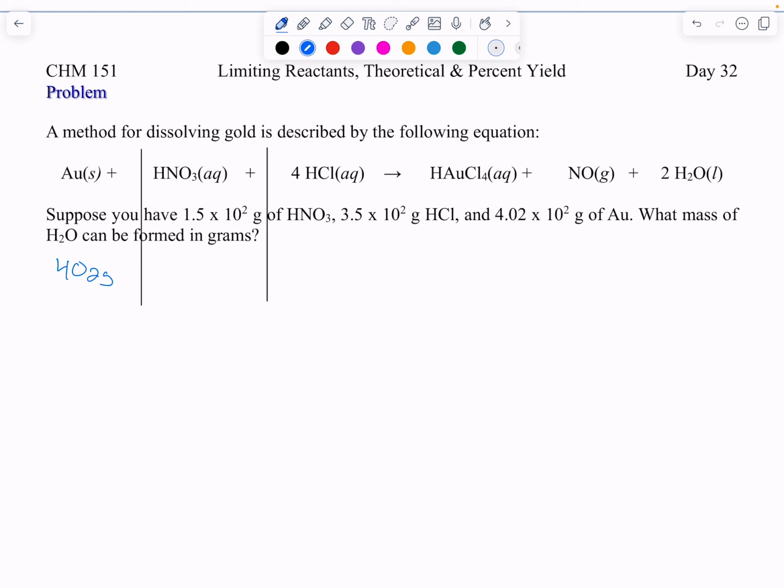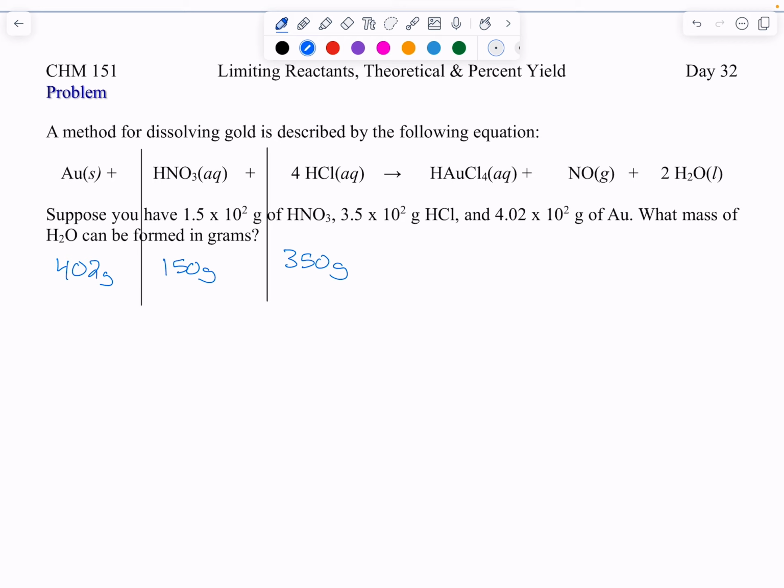I have 150 grams of nitric acid and 350 grams of HCl. So this is actually aqua regia, which is very nasty stuff, but it will dissolve gold because it oxidizes it. A lot of fun.